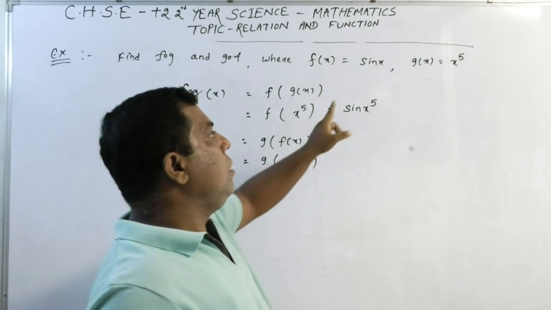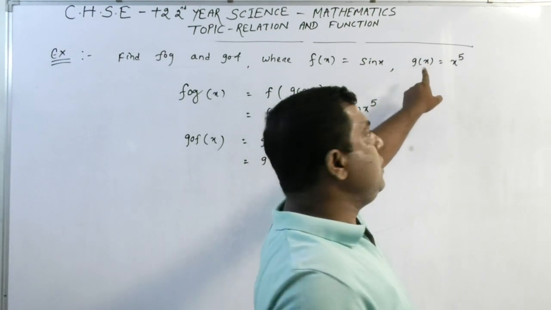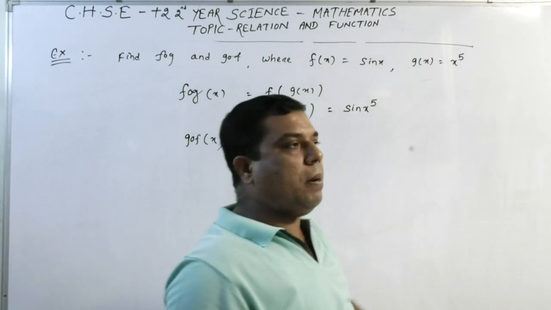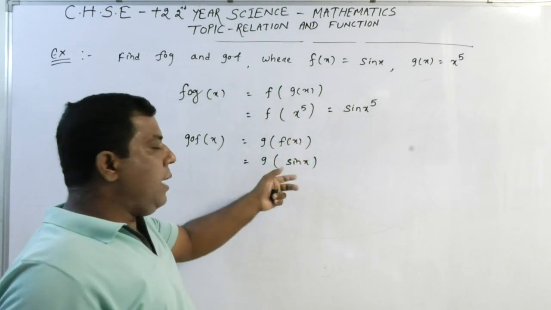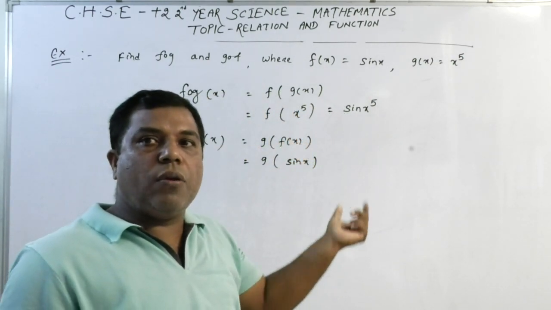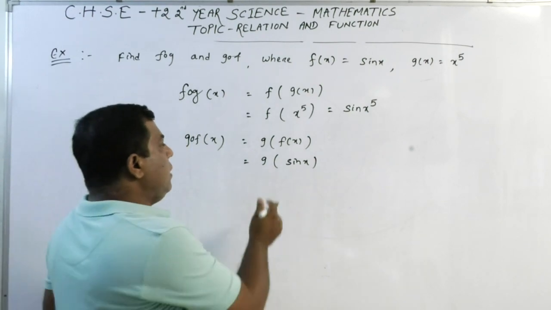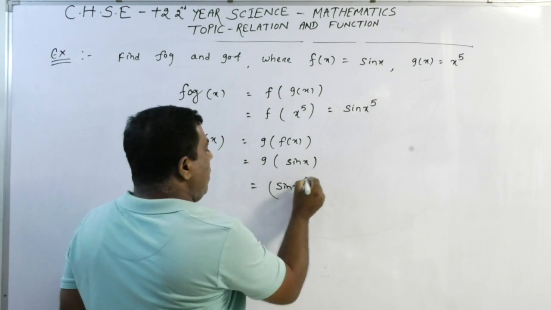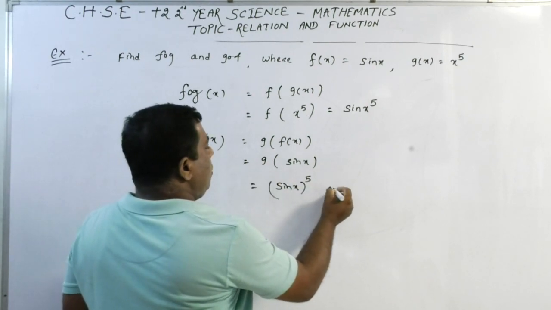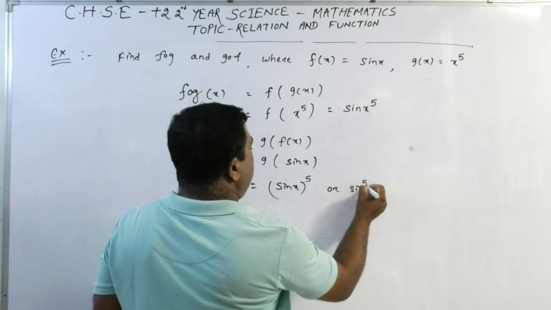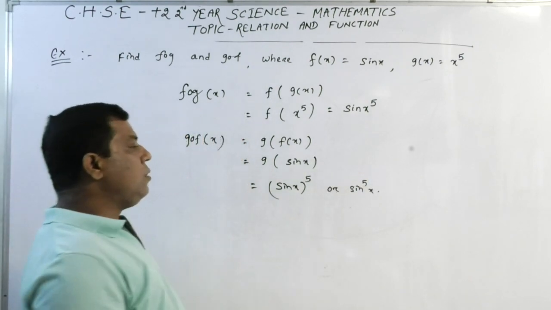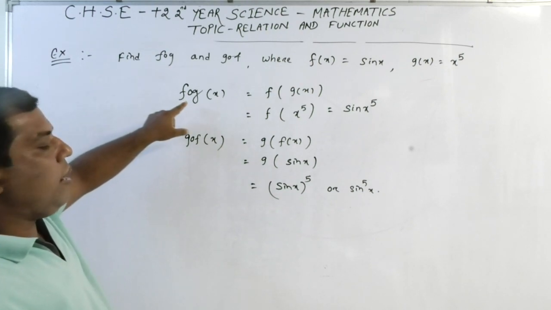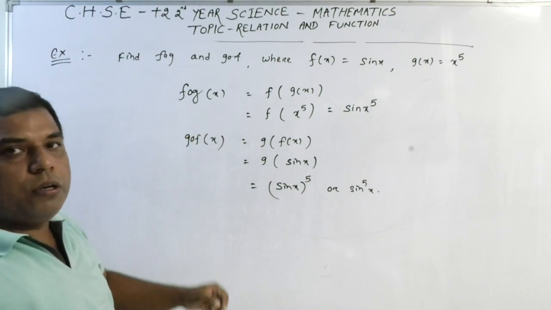G converts all the variables as the fifth power, as x to the power 5. So here sin x will be converted by g as sin x to the power 5, or we can write it as sin of x the whole to the power 5. Yes or no? So in this way we are defining our composition functions.